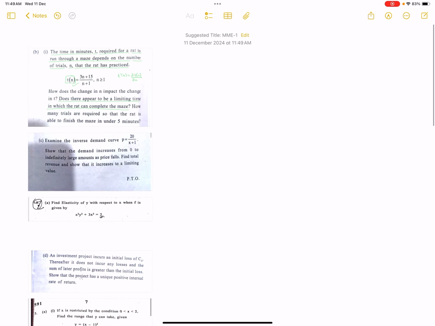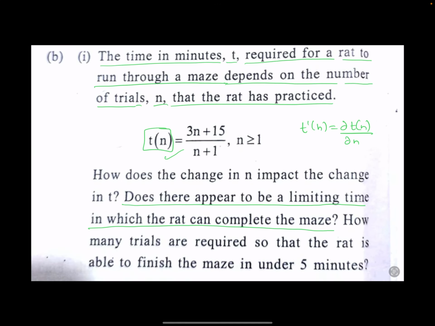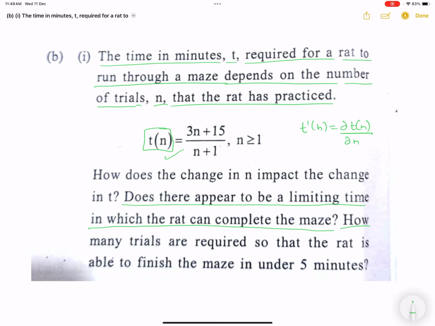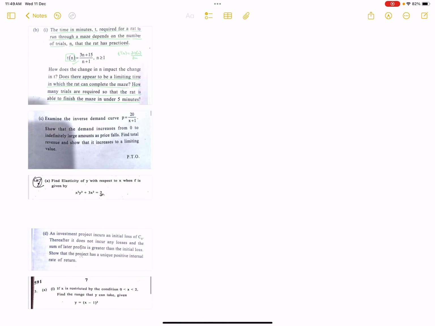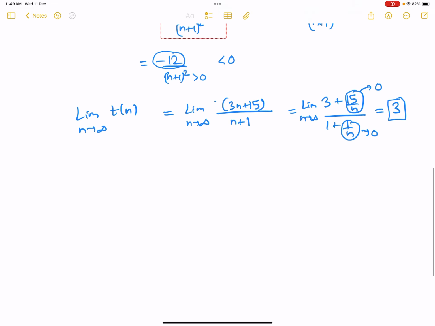Now the third part: how many trials are required so that the rat is able to finish the maze in under 5 minutes? So we need to find the number of trials so that he is able to finish in under 5 minutes. We have T(n) equals (3n plus 15) upon (n plus 1). Time should be such that he is able to complete it in less than 5 minutes.